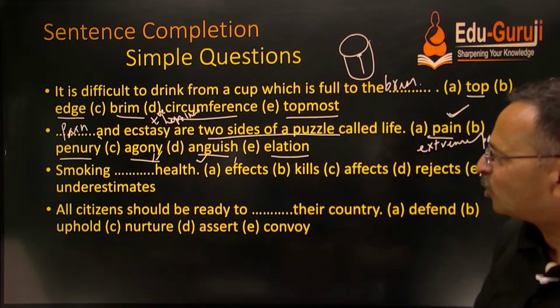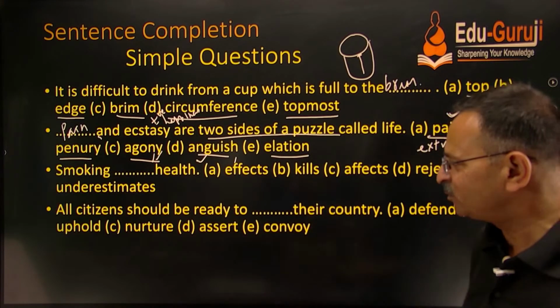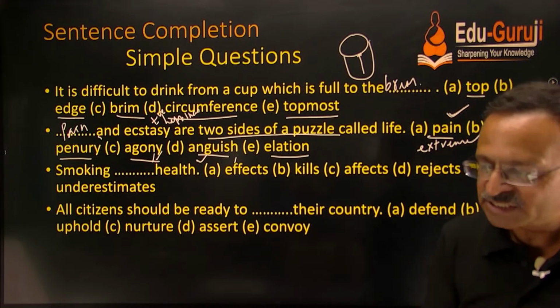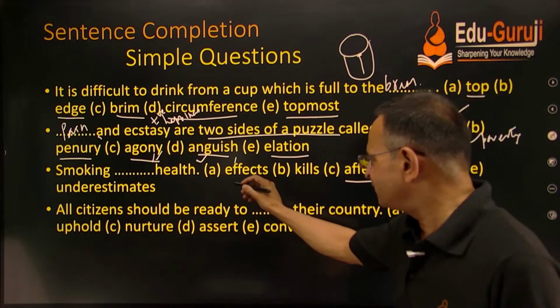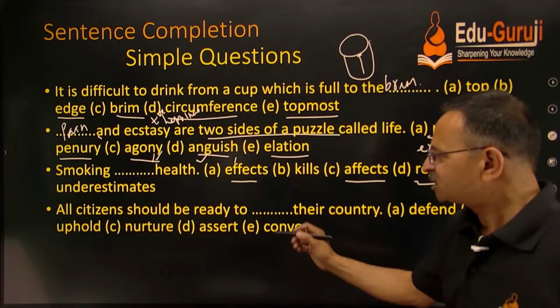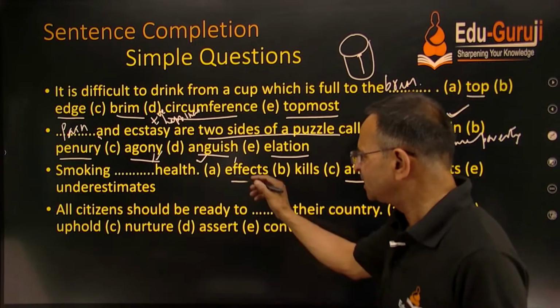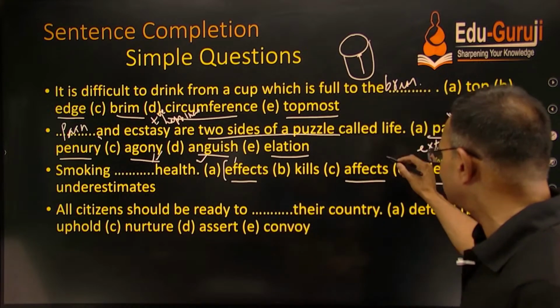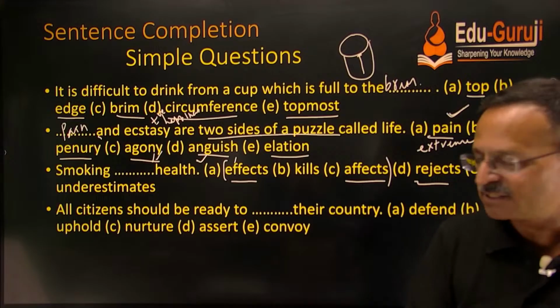Then next is "smoking ___ health." Everybody would be able to answer this question. The answer is affects. You cannot have effects and effects. The important thing I wanted to bring to your notice is the difference between effect and affect.